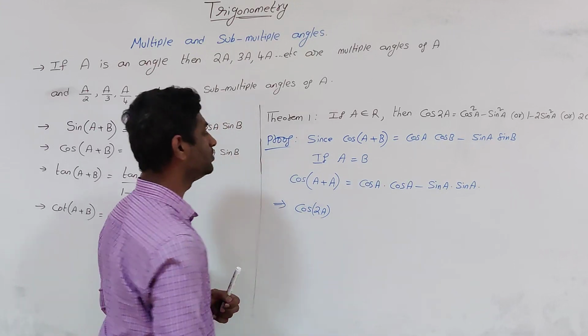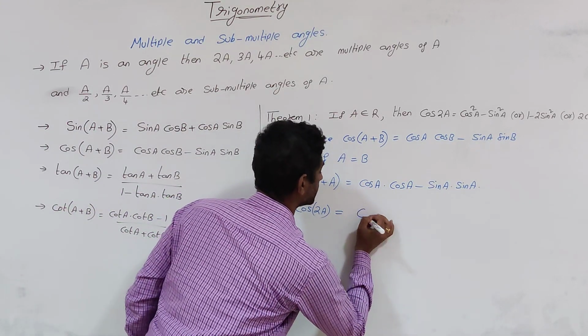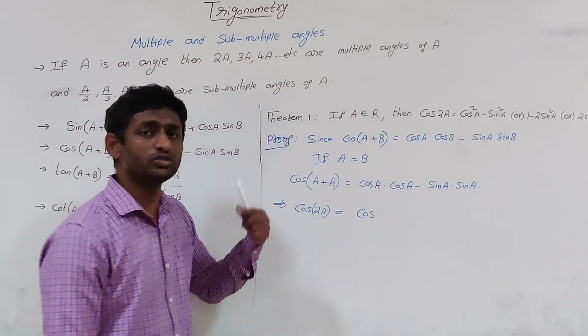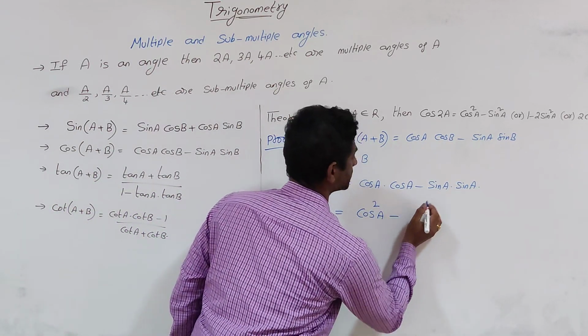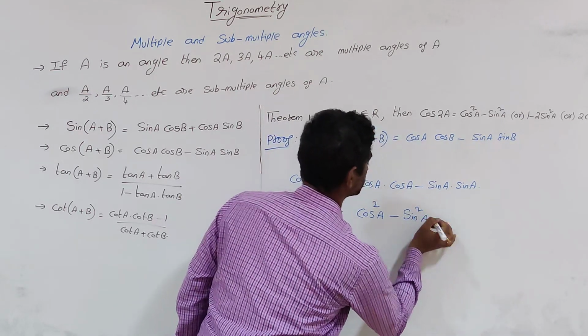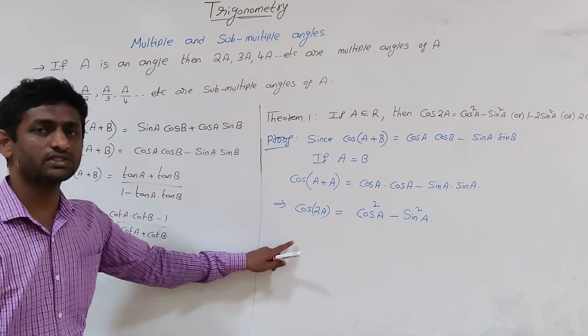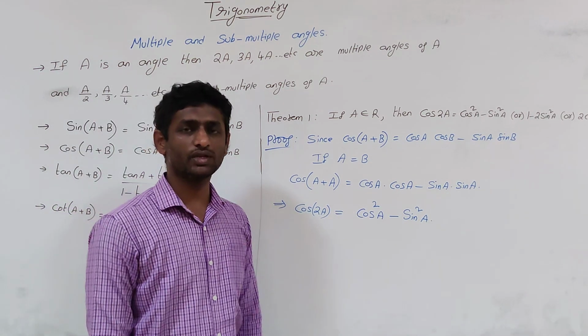So cos of 2A will be cos A into cos A, it will be cos A whole square, or we can write cos square A, minus sin A into sin A, sin square A. So that is the first formula. Cos 2A is cos square A minus sin square A.